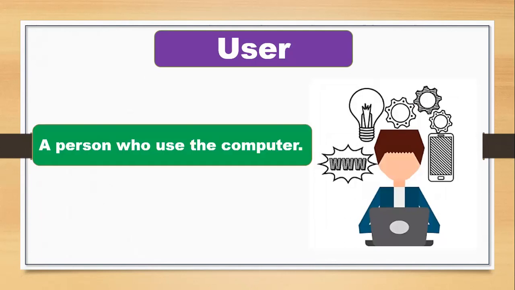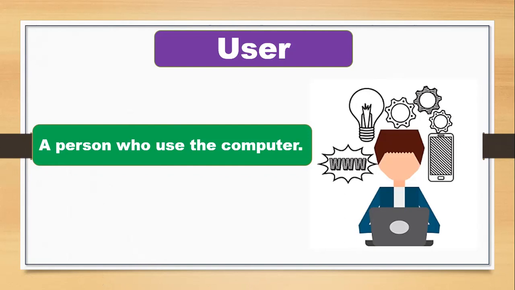So what is the user? A person, a man who uses the computer. When you use the computer, you will be the user, because you are giving information to the computer about what to do.